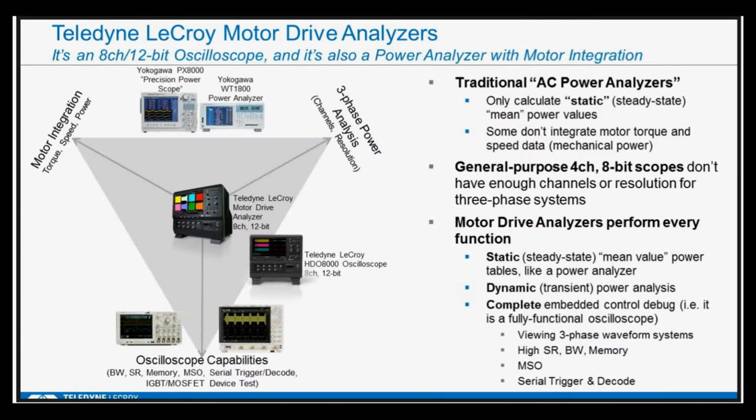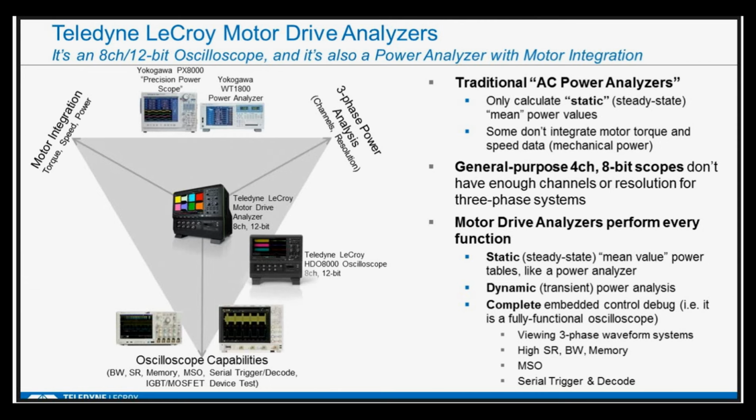In general, there are quite a number of different tools that people might use. So there's a power analyzer, which measures three-phase power. The better ones integrate a motor torque sensor and a speed sensor, so they can calculate mechanical power from that, and then they calculate efficiencies. Customers might use oscilloscopes to look at waveforms.